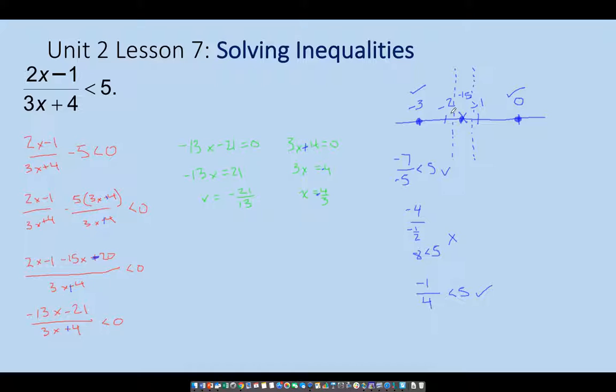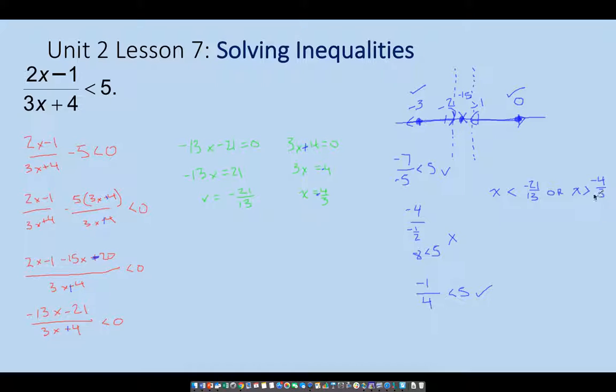And so we would have our smooth bracket here go in this direction, and our smooth bracket here go in that direction. And I guess how would we write it? So I would probably say just x is less than negative 21/13, or x is greater than negative 4/3.